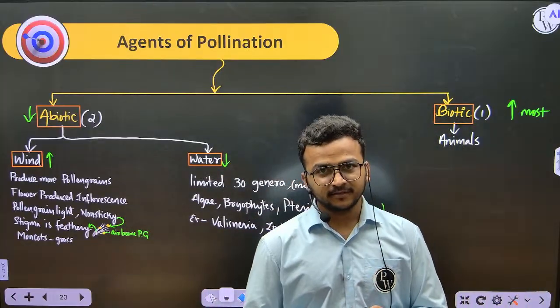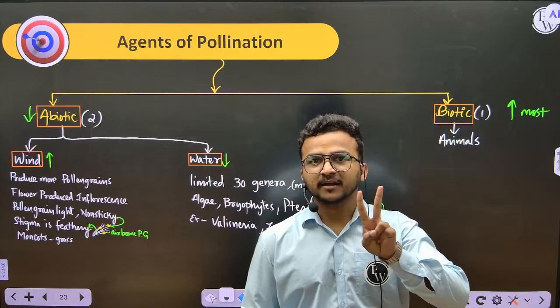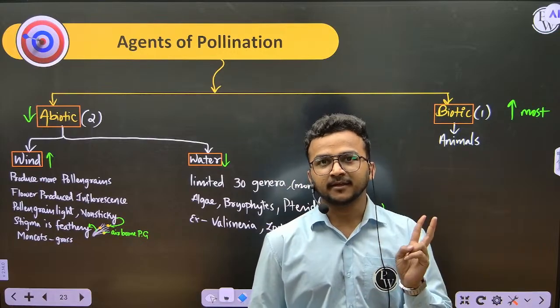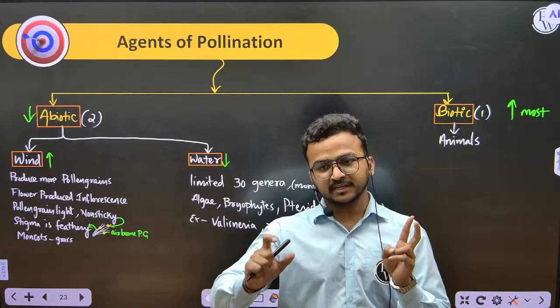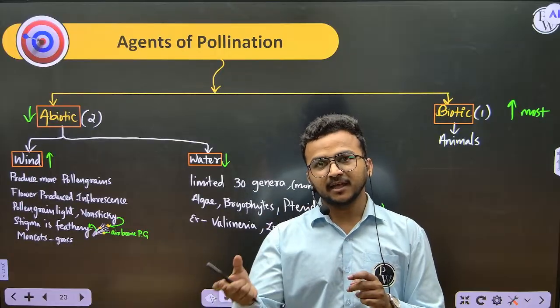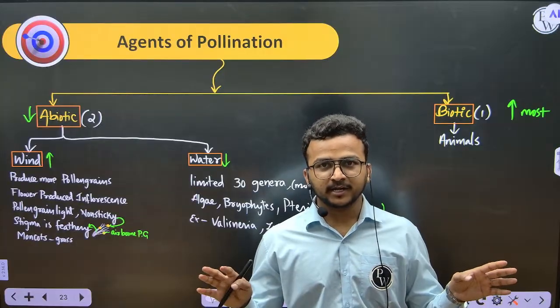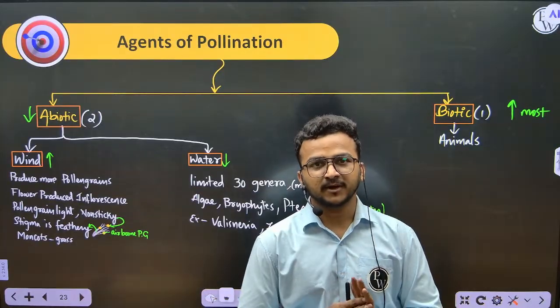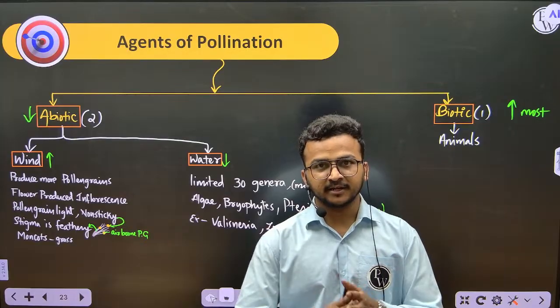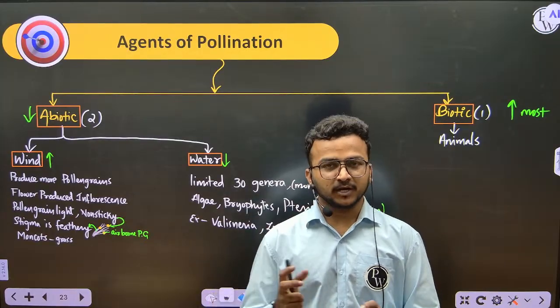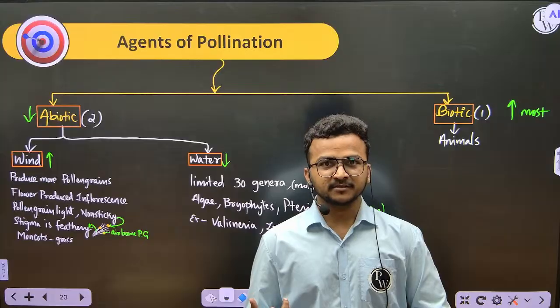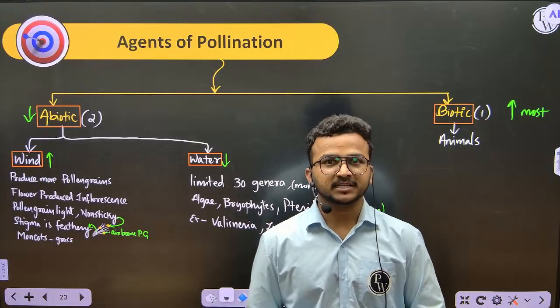Water hyacinth and water lily: these two plants are not water pollinated. Remember this, even though their names start with water, water lily and water hyacinth are both not at all water pollinated plants. They asked this in PYQ also. Most students thought that since water hyacinth and water lily are present in water, the pollination might be by water.